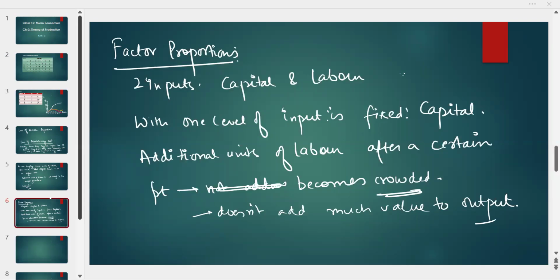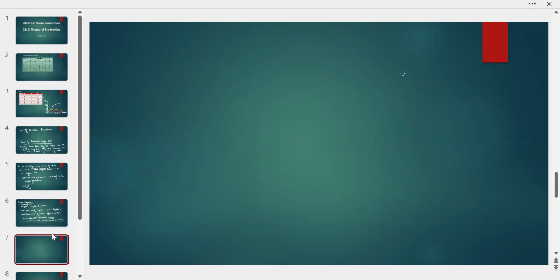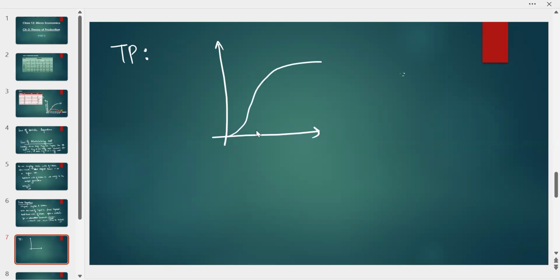We can also understand it with the total product graph. We have already seen it, but for reiteration, the total product looks like this: it increases at an increasing rate and then starts increasing at a falling rate. Now this axis is labor and this is the output.